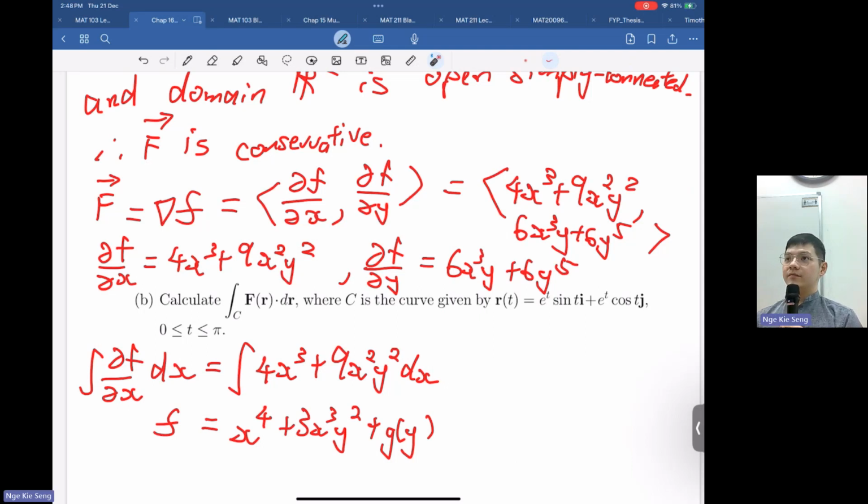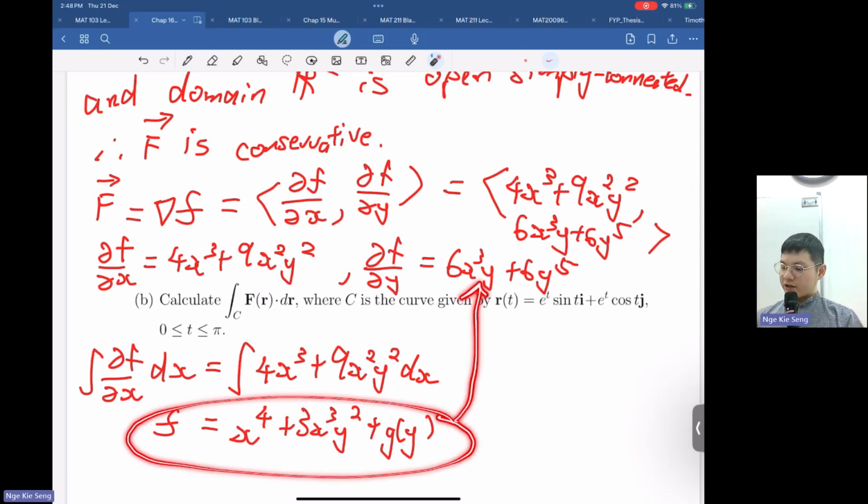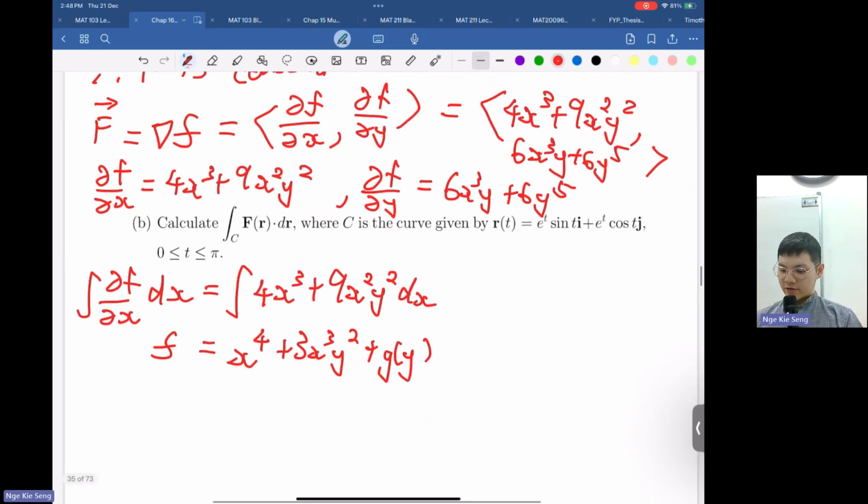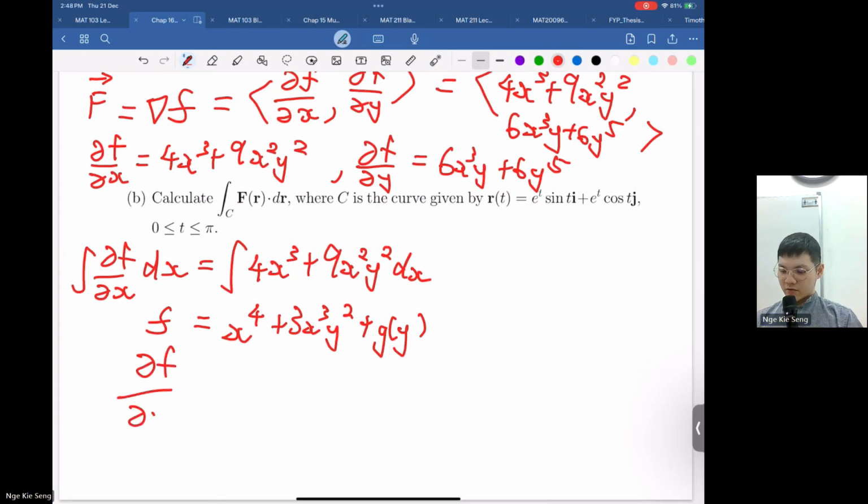Make sense? Okay. And then again, I can differentiate this with respect to y, the partial derivative of f with respect to y.